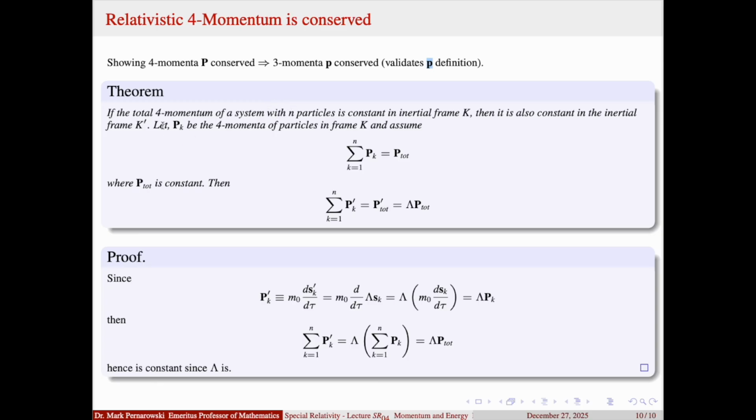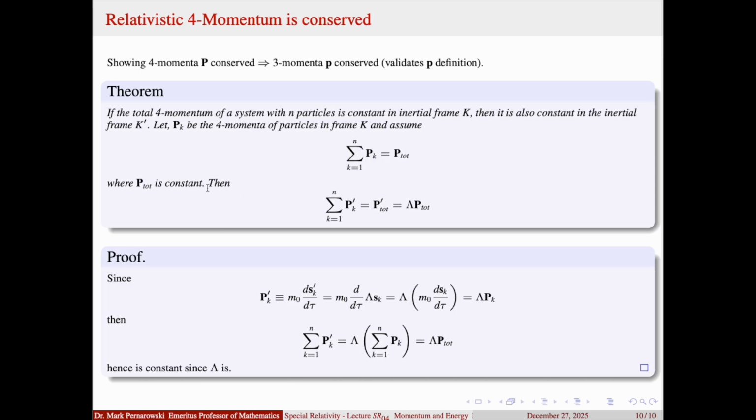So if I want to prove that the sum of momenta, say I've got a whole bunch of particles in here and I'm adding up these momenta, and let's say that the total momentum of the system is some total momentum that's fixed. So this sum of all the momenta is equal to some constant momentum.